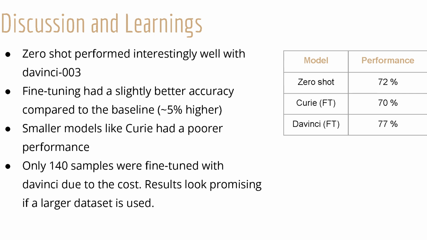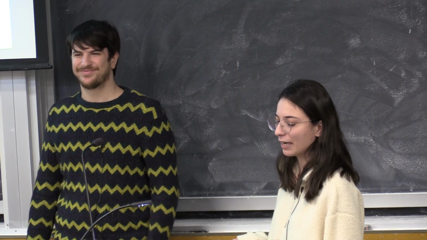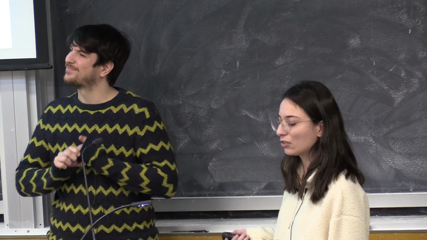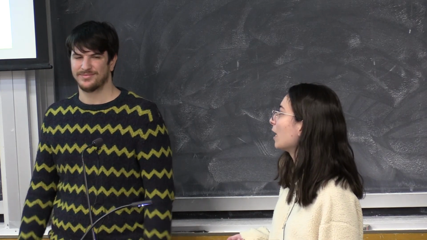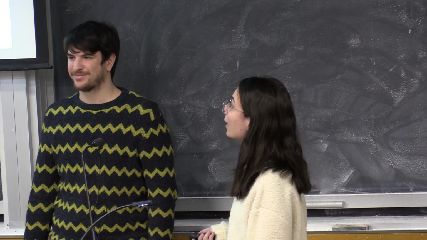The fine-tuning reached a slightly better performance, like 5% higher, but smaller models like Curie didn't perform as good as the other two. The results look promising because we have used only 140 samples for the fine-tuning with DaVinci because of the cost of OpenAI. So considering using more data would absolutely give more promising results for this problem. And thank you.